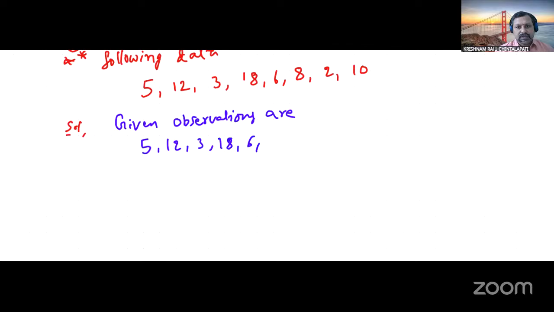What is the number of observations? 1, 2, 3, 4, 5, 6, 7, 8. So n is 8. Now we have to find the mean.